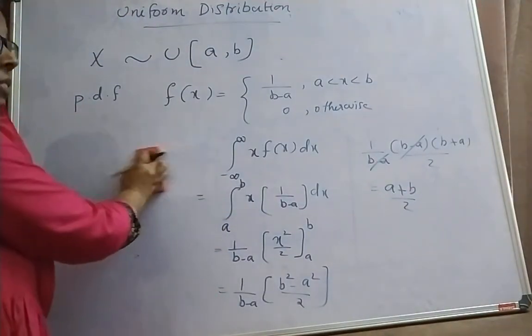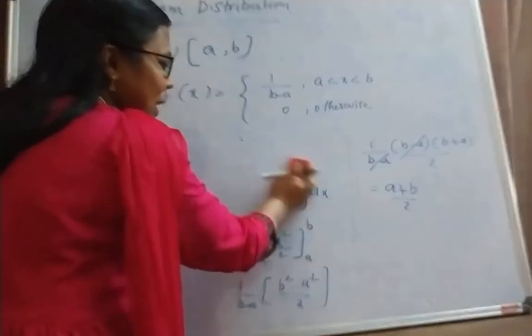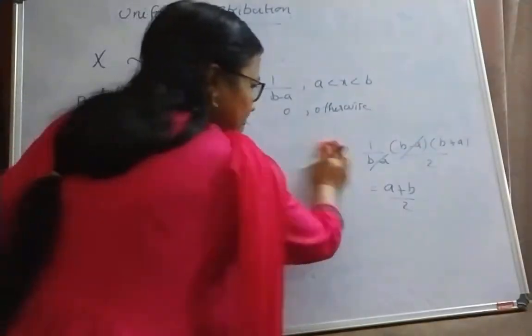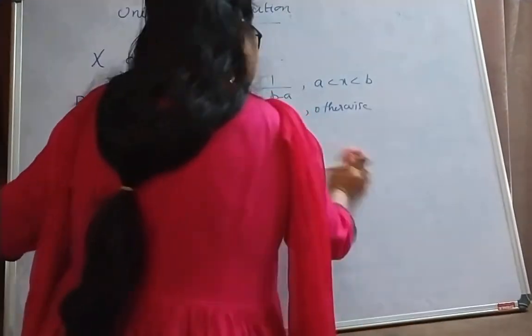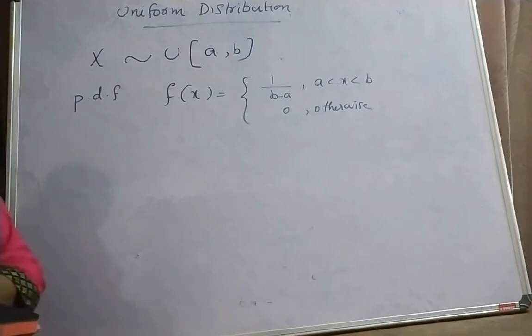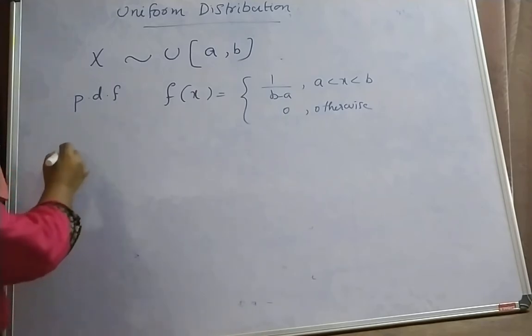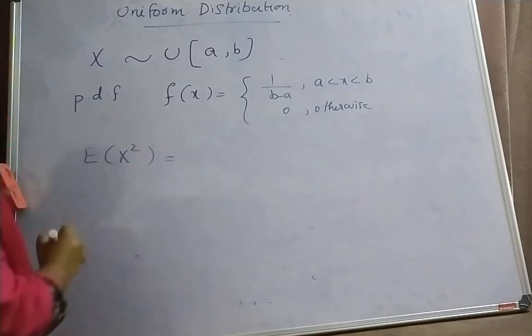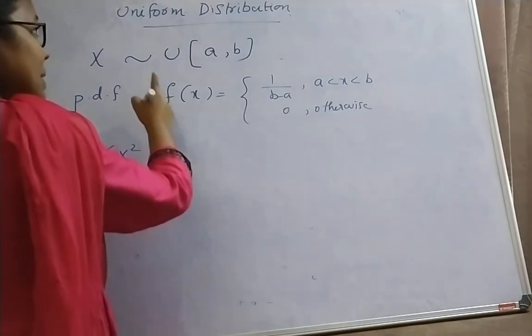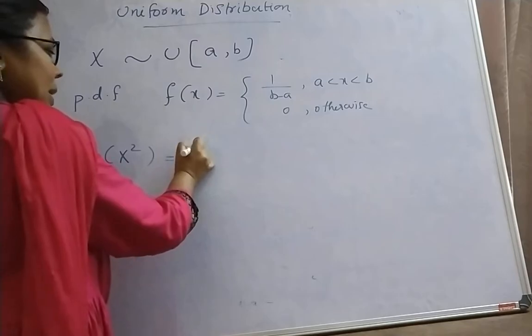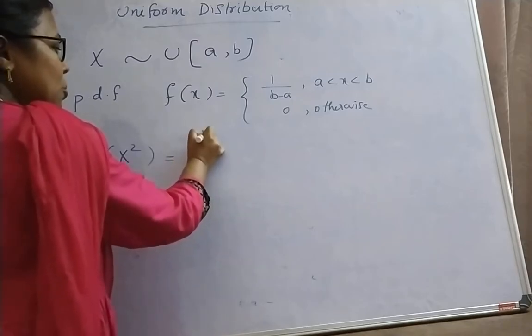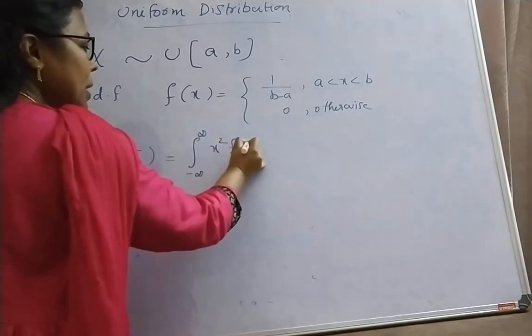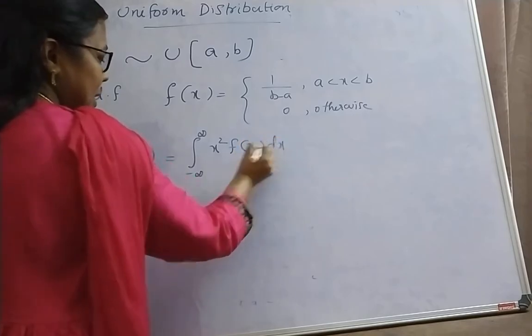Then we have to find the variance. For finding variance, we have to find expectation of x square. Since it is a continuous distribution, expectation of x square is integral minus infinity to infinity x square f of x dx.